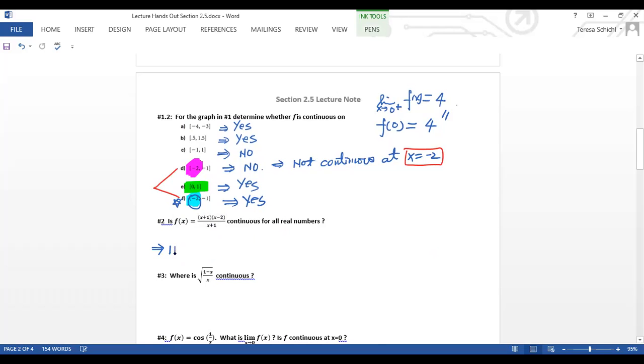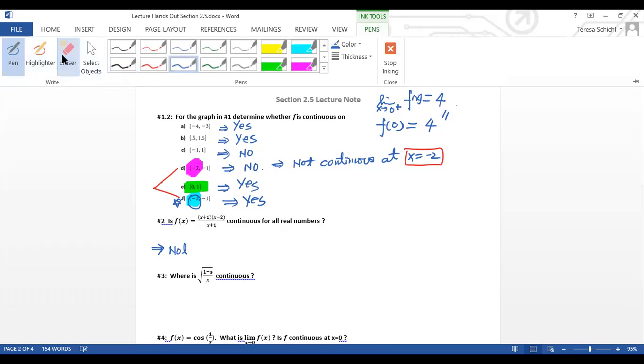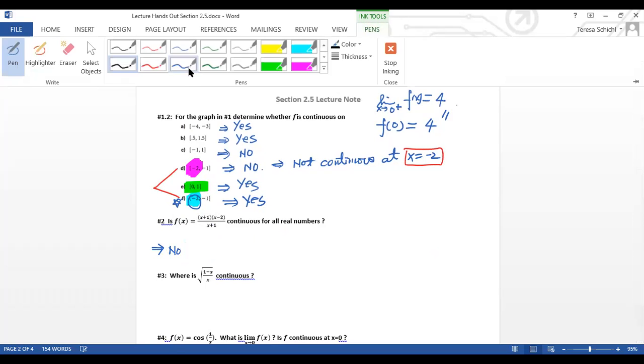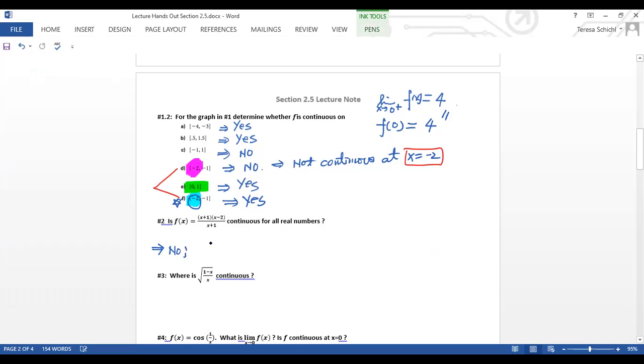So we say no. It's not continuous at all real numbers. Why? Because x equal to -1 is not in the domain, right? So I know f of -1 is not defined.